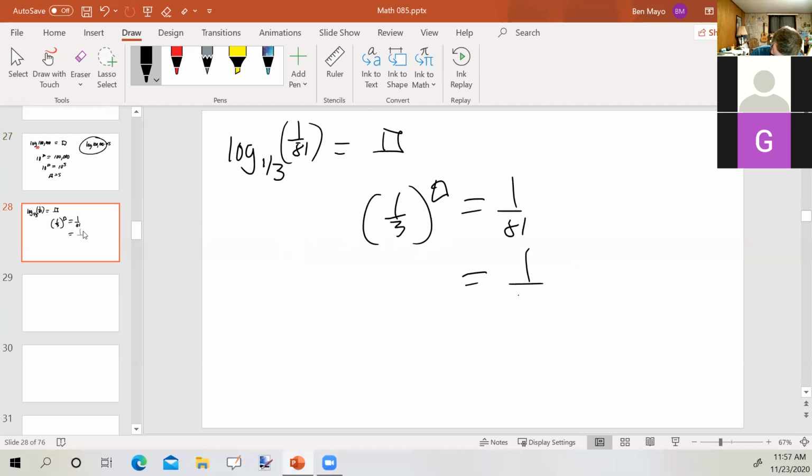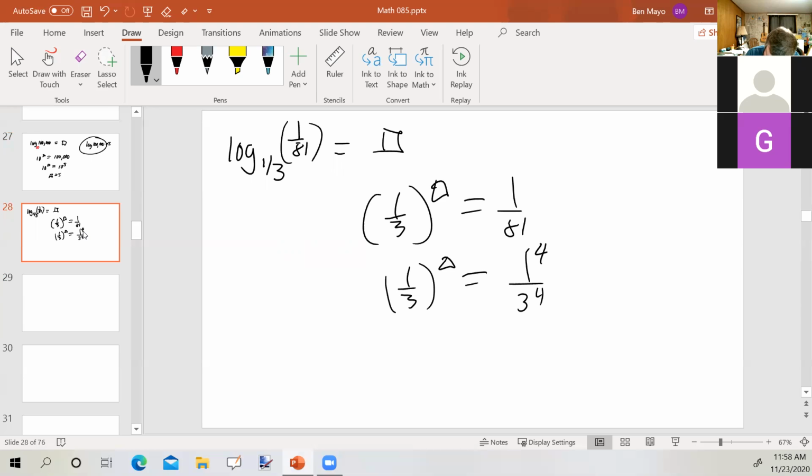But that's 1/3 to the 4th. Now, what's 1 squared? 1. What's 1 cubed? 1. What's 1 to the 4th power? 1. So could I just put a 4 there without changing anything?